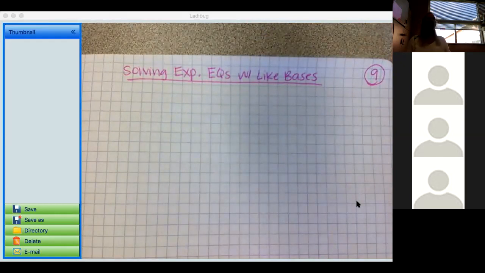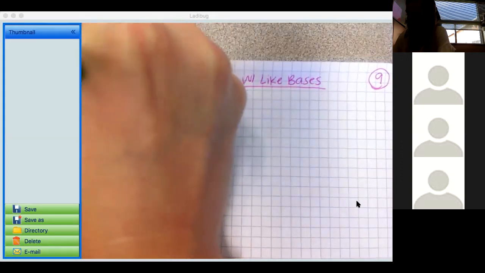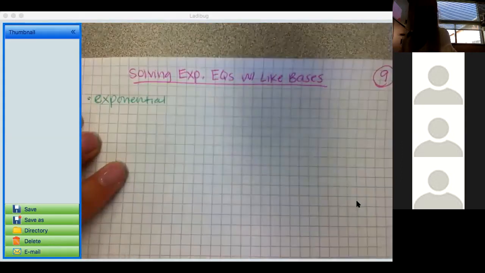All right, what's an exponential equation? An equation with an exponent. Beautiful. But more specifically, what will be in the exponent? Good. The variable. Is everybody with us there? Okay. So an exponential equation. Can you see the green okay?